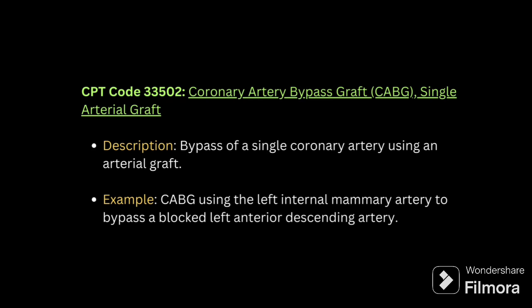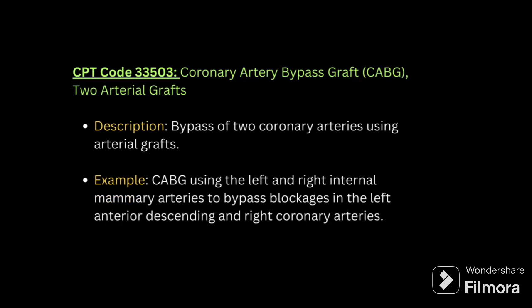Next, if they are asking you a question such as CABG using the left and right internal mammary arteries to bypass blockages in the left anterior descending and right coronary arteries, for this we will be coding 33503, coronary artery bypass graft, two arterial grafts. Here bypass of two coronary arteries is done using arterial grafts.